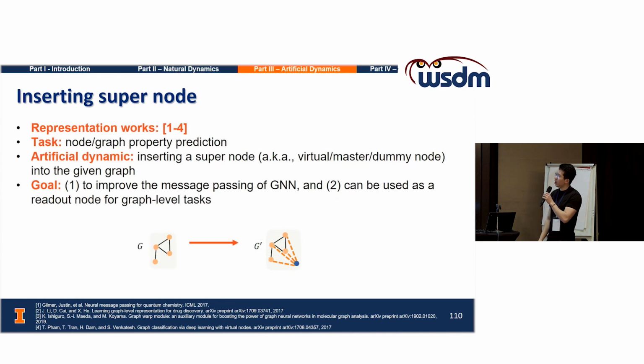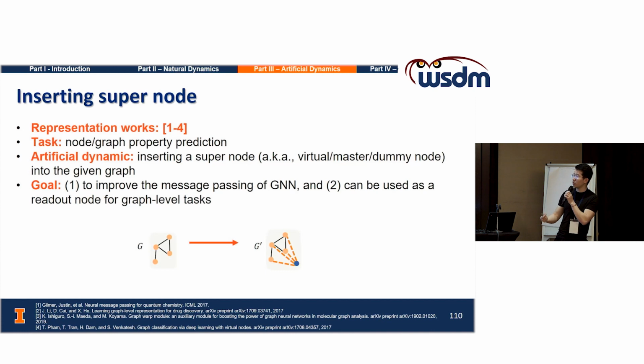On one hand, if we insert a supernode into the given graph, it can improve the message passing of the graph neural network. That is because if the links between the supernode and the original nodes are bidirected, then every original node is at most 2 hops away from each other, right? So the message passing can be improved. On the other hand, it can be used as a readout node for the graph-level task.